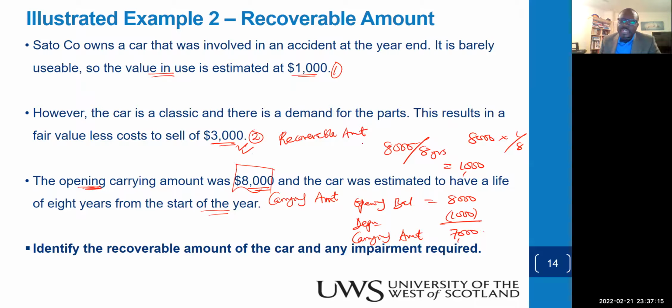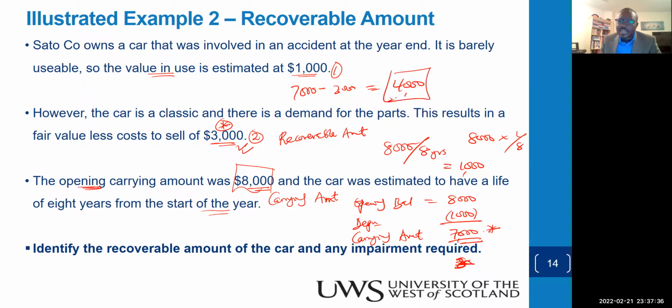Compare your carrying amount to the recoverable value of 3,000. Let me asterisk it against this 3,000. And you realize that the difference between the two will become what? The 7,000 minus the 3,000, giving me my 4,000.